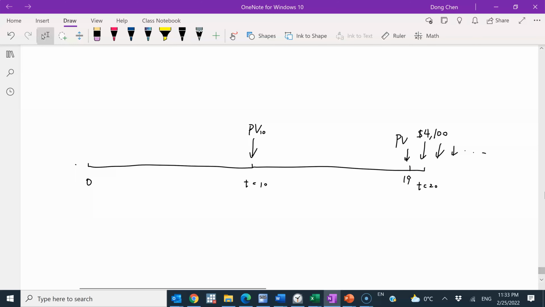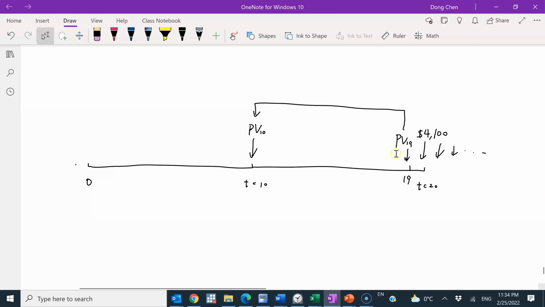But because we stand at year 19, this needs to be PV 19. Once we have the PV 19, we just need to discount this further back to t equals 10 to get PV 10, and there are 9 periods that we need to discount back.